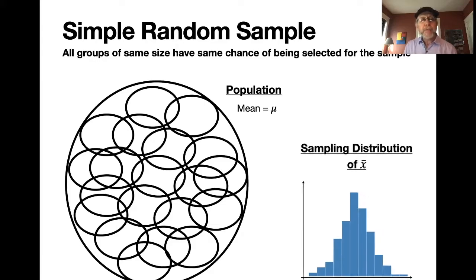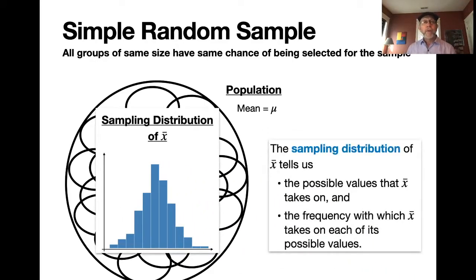And the sampling distribution of xbar tells us both the possible values that xbar can take on and the frequency with which it takes on each of those possible values.